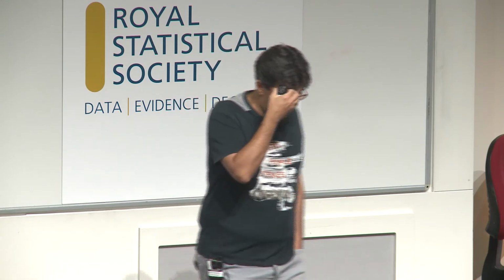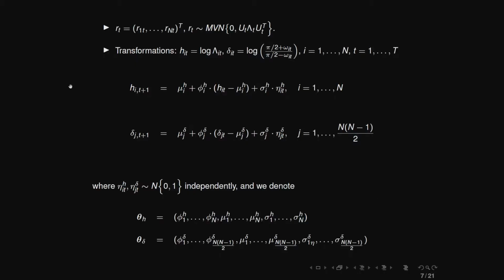And now I can write down a model which evolves across time, and although it does not evolve in the manifold of positive definite matrices, it evolves in R to the power of n times n plus 1 over 2, I can transform it back to positive definite matrices. So for every eigenvalue, actually the logarithm of every eigenvalue, and every logit of the rotation angles, I can impose an autoregressive process of order one.